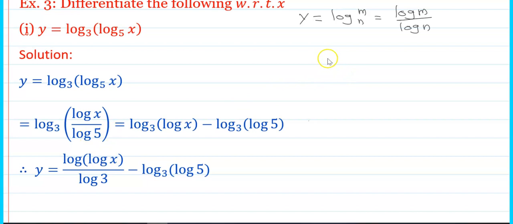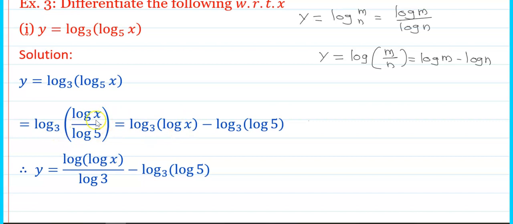Again, we know the rule, that is suppose that y is equals to log of m upon n, and that's equals to log of m minus log of n, and therefore here the log of 3, it's a log of x to the base 3.